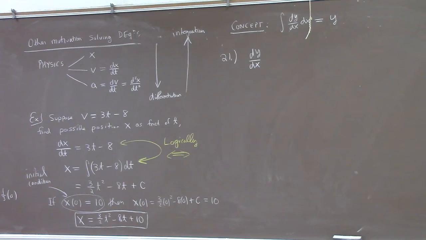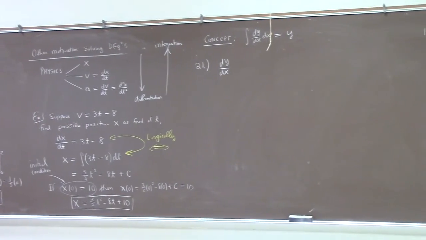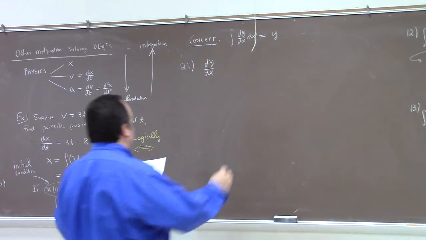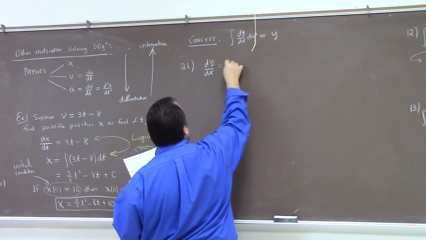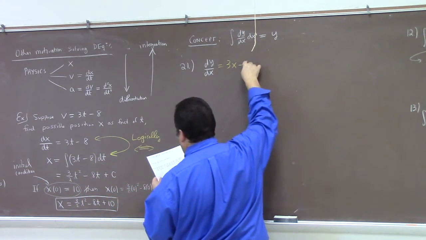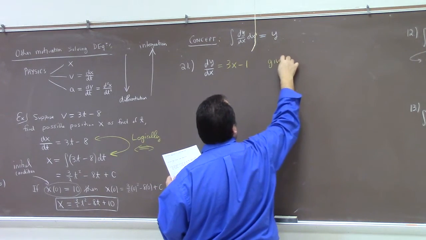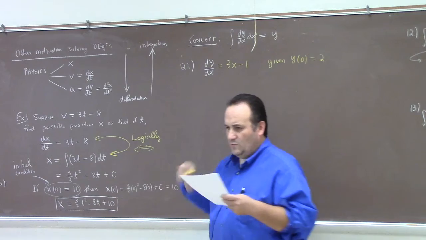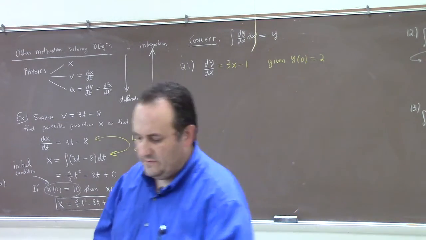So let's see here. For 21, we're supposed to solve dy dx equals 3x minus 1 given y of 0 equals 2. So we'll keep the y of 0 equals 2 in mind, all right?